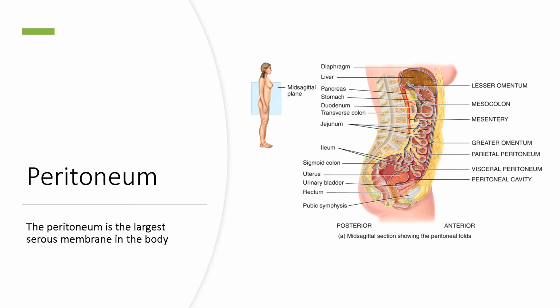Now the peritoneum is divided into a parietal peritoneum, which lines the wall of the abdominal cavity, and then the visceral peritoneum, which covers some of the organs in the cavity and their serosa. This is very similar to all the other serous membranes that we've talked about so far, having those two layers, parietal and visceral, one that covers the abdominal wall and the other that covers the organ.